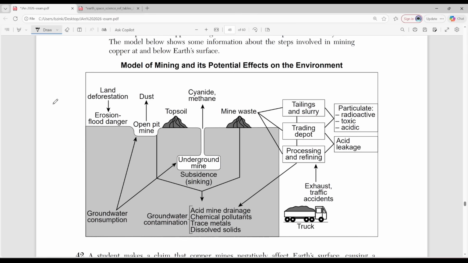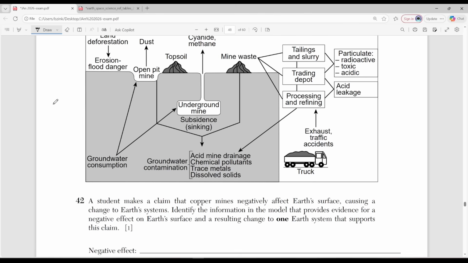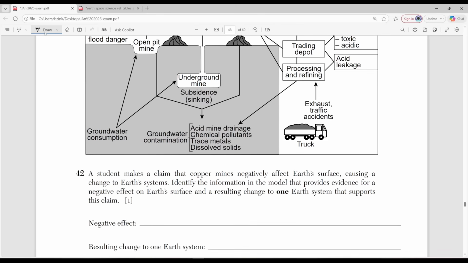Okay. Model of mining and its potential effects on the environment. Let's just see what they have to say. Student makes a claim that copper mines negatively affect Earth's surface, causing a change to the systems. Identify the information in the model that provides evidence for a negative effect and resulting in one Earth system that supports the claim.